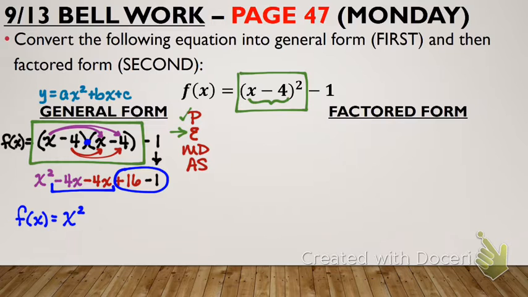When I combine the negative 4x and the negative 4x together, what do I get? Negative 8x. And then 16 minus 1? 15, positive 15. There's my general form.